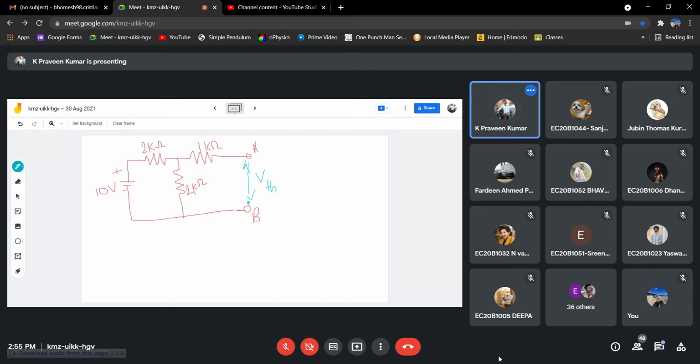Right. So by using either KCL or KVL, we need to find out what is VTH here. Right. So let us say we will apply KCL here.